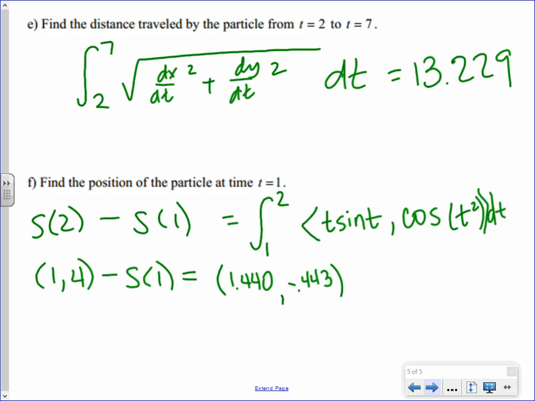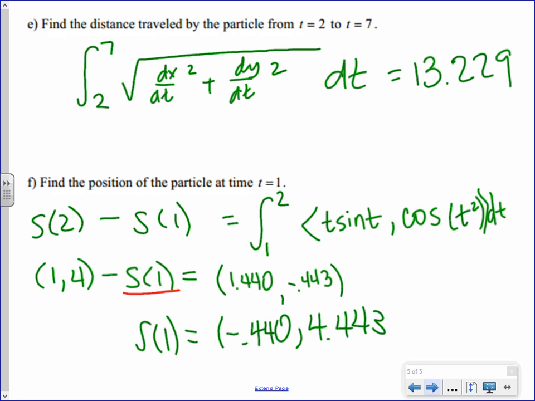So if we are looking for the position at 1, we would add this over, subtract this over, and our position at 1 is negative 0.44, 0.44. And I did decide to make it just a coordinate because it's a position. If you made it a vector, that's fine too. It can be a position vector or a coordinate.